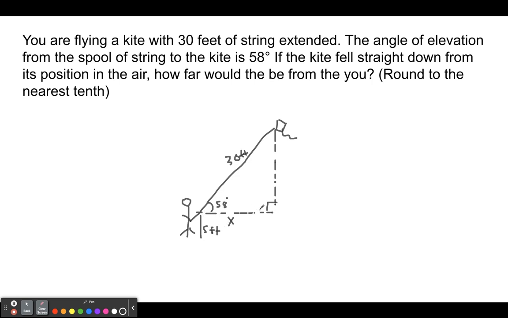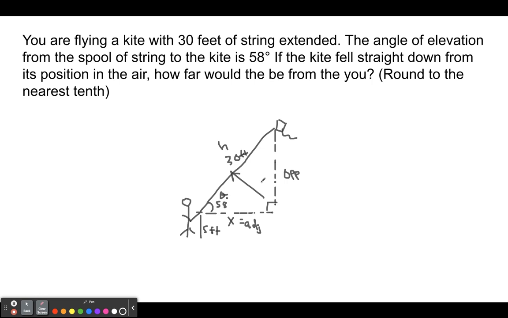So we really just need to figure out what this distance here is. So again, if this is my theta, this is my adjacent side. The right angle always points to the hypotenuse. And then we have our opposite side.